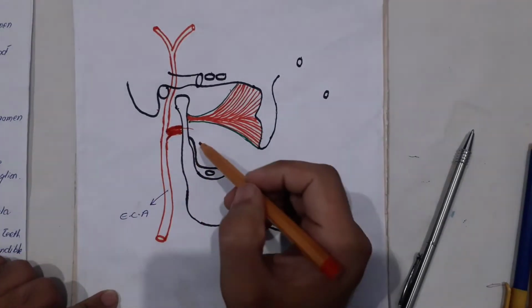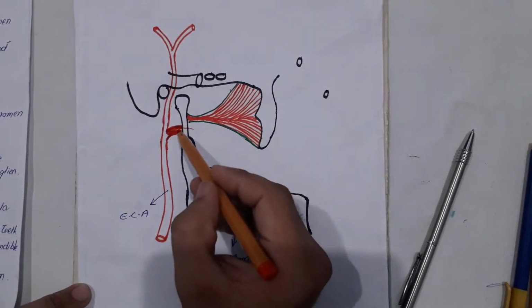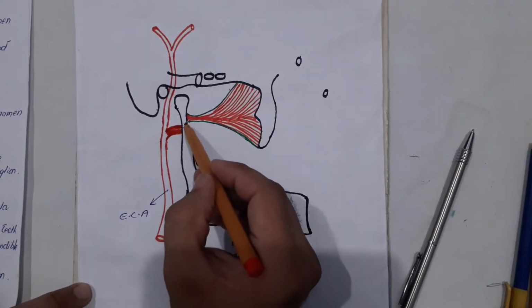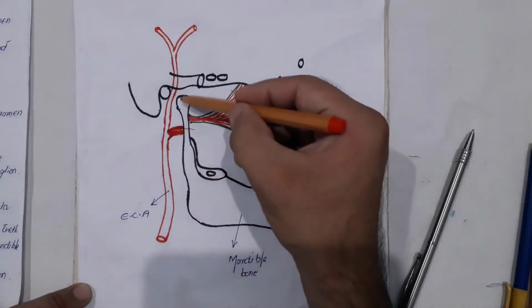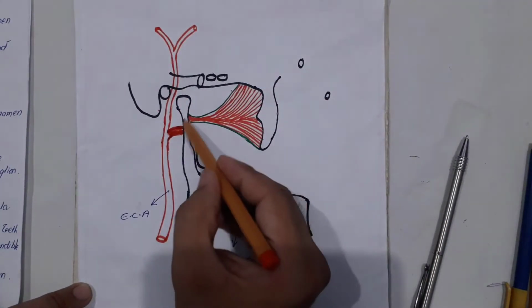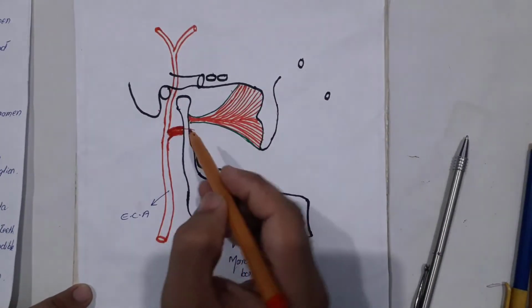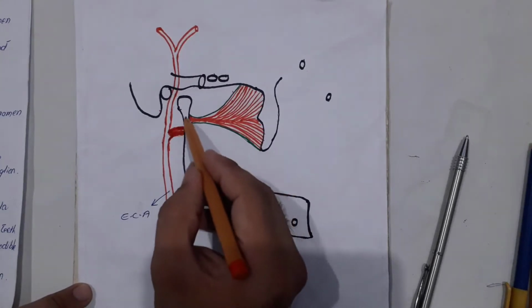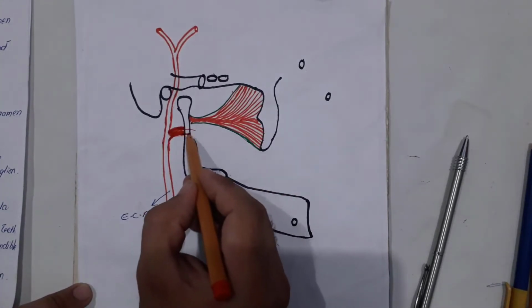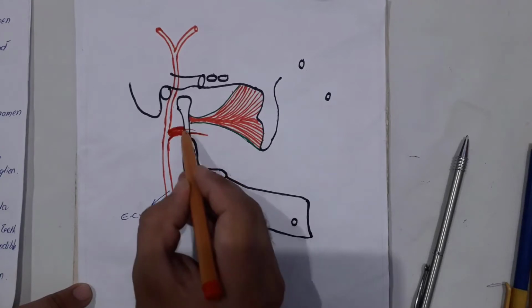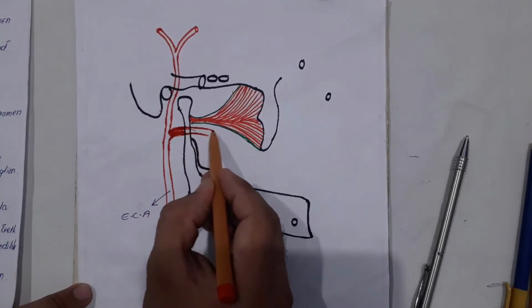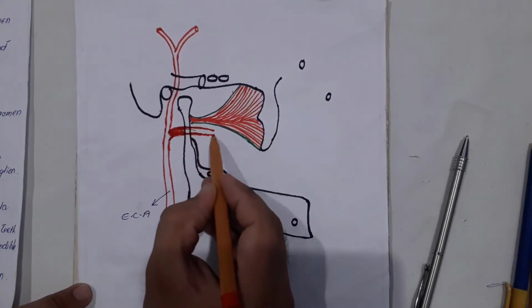Now look carefully. I had told you in the previous lecture that the maxillary artery terminates at the neck of the mandible, right? This is our mandible bone and this part is its neck. So it terminates at the level of the neck of mandible, and then it goes forward. Now let's see the branches.